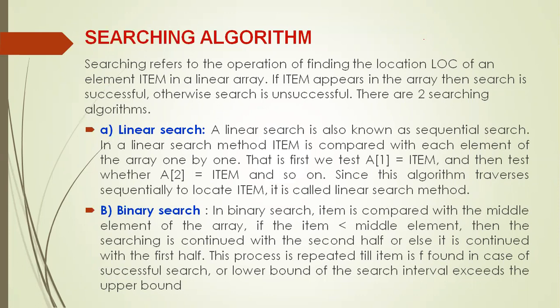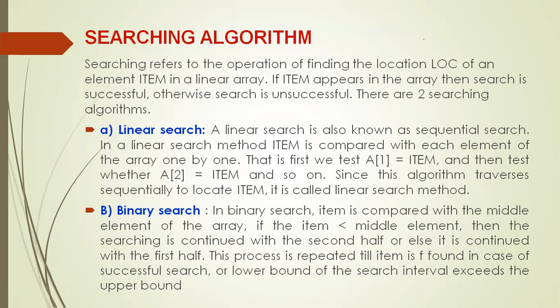So in general, searching is an operation of finding the location, that is, in which place the item exists in a linear array. A linear array is another name for a one-dimensional array. If the item appears in the array in any position, then we say that the search is successful. Otherwise, the search is unsuccessful.